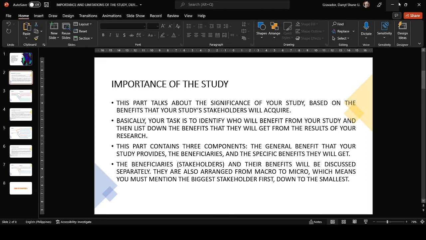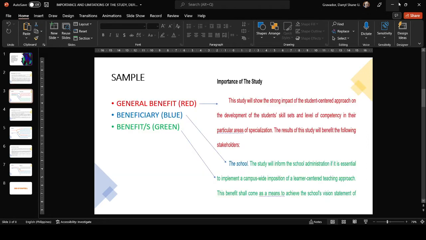They can also be your research participants or the people that they represent, or they could also be future researchers. But all the more you have to remember that the arrangement of the beneficiaries must be from macro to micro.